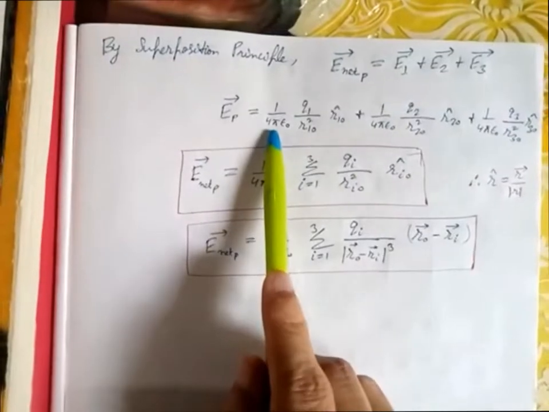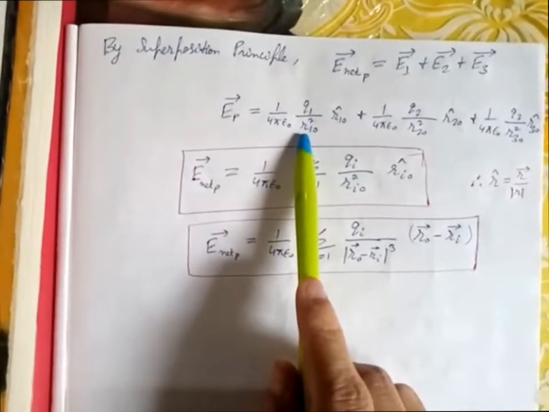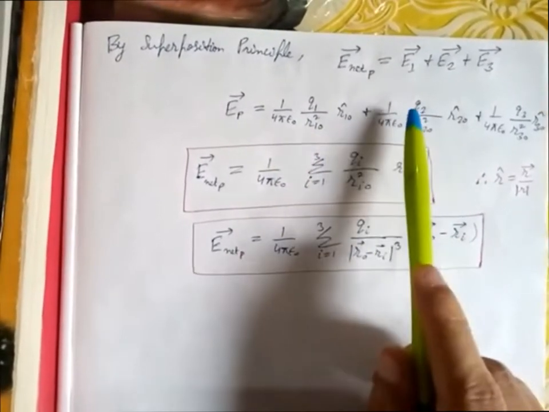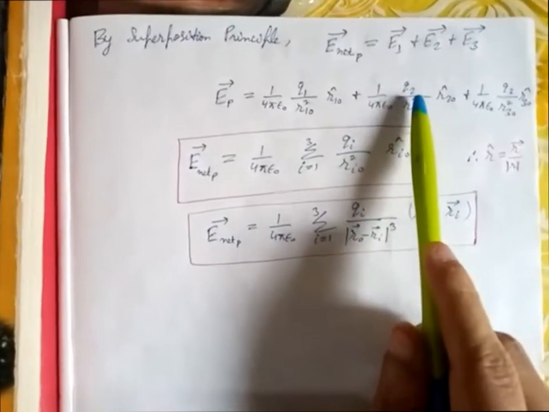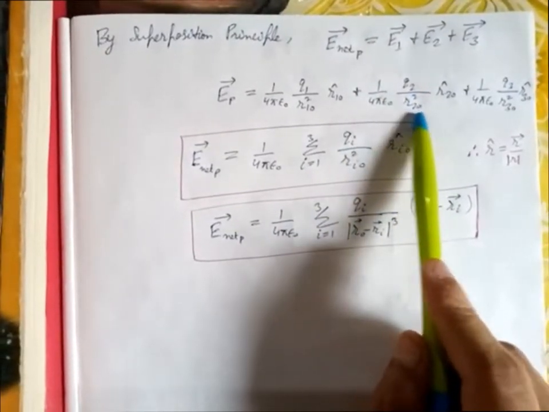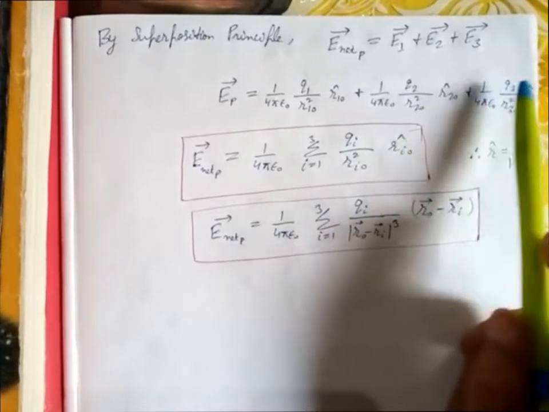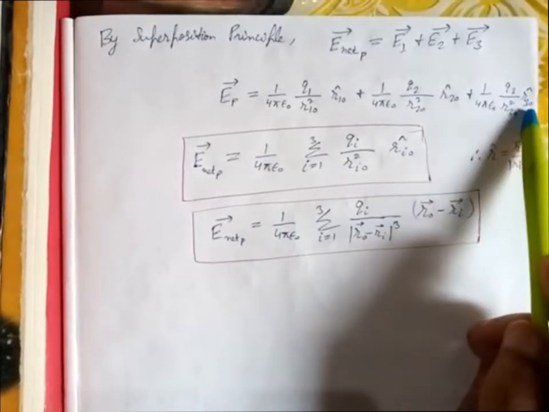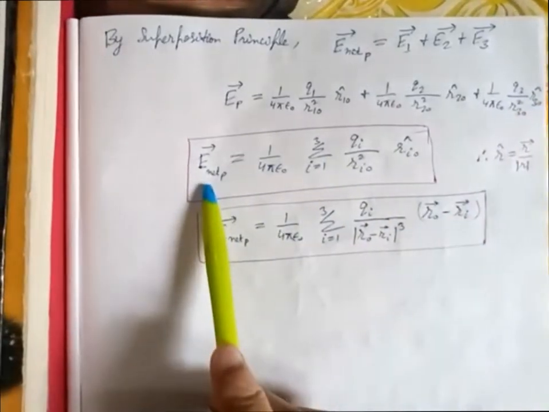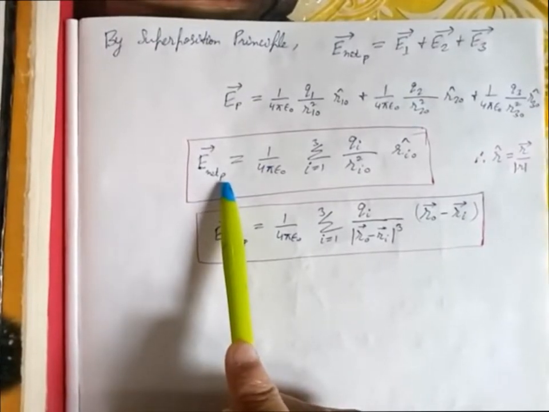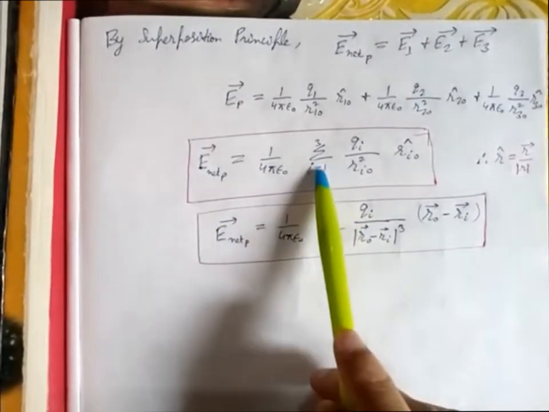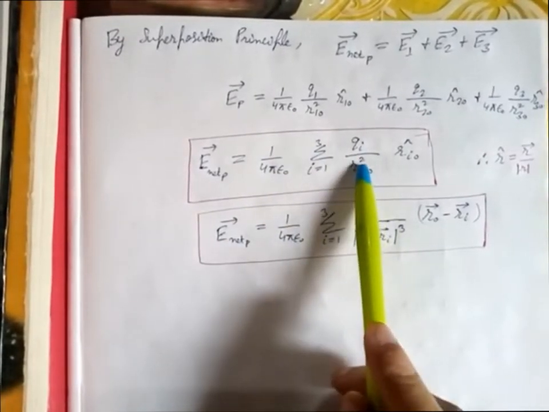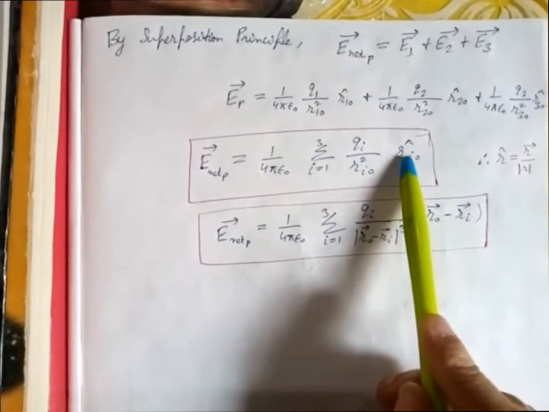So it will be 1 by 4 pi epsilon naught, Q1 by R1 naught square, into R1 naught unit vector, plus 1 by 4 pi epsilon naught, Q2 by R2 naught square, into R2 naught unit vector, plus 1 by 4 pi epsilon naught, Q3 by R3 naught square, into R3 naught unit vector. So the net electric field at point P will be 1 by 4 pi epsilon naught, summation i equals 1 to 3, Qi by Ri naught square, Ri naught cap, that is the unit vector.